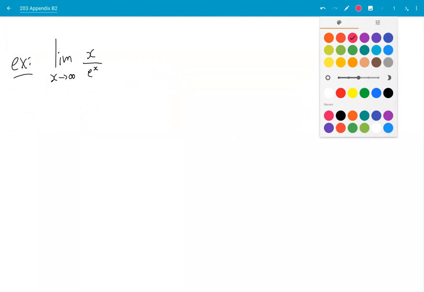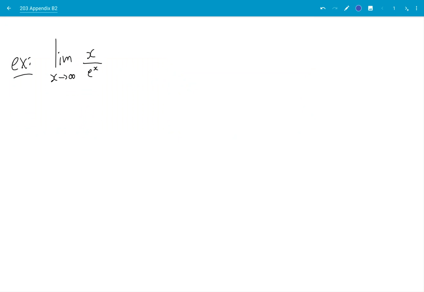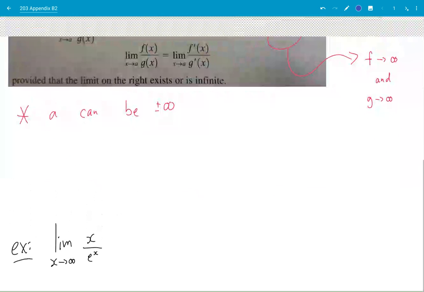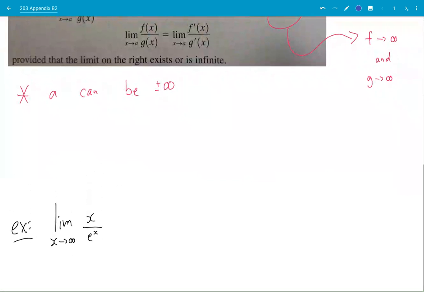So, let me just pause and quickly copy that. See if I can get L'Hopital's rule in the picture too. Okay, so we're going to use this formula here. Now I'm going to double check, right, that this is indeed, the numerator is going to infinity, and the denominator is also going to infinity as x goes to infinity.